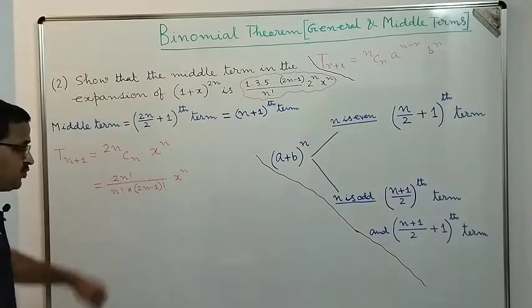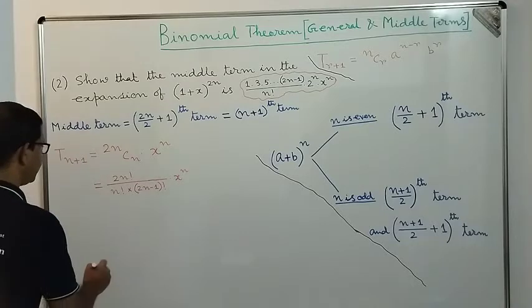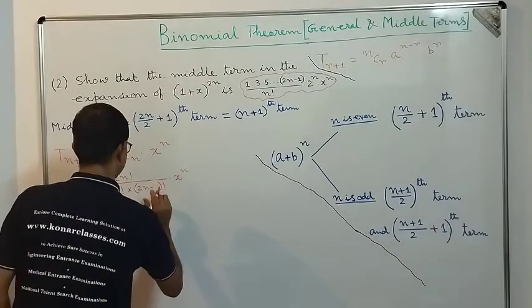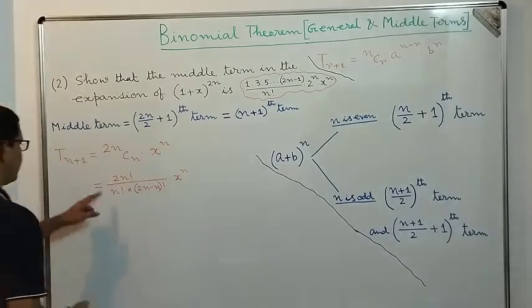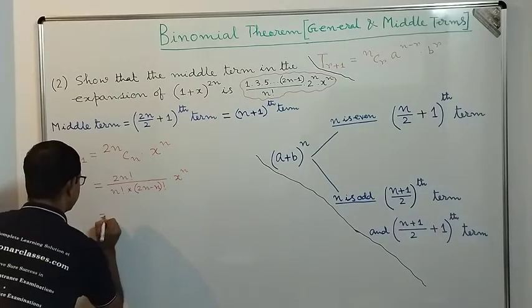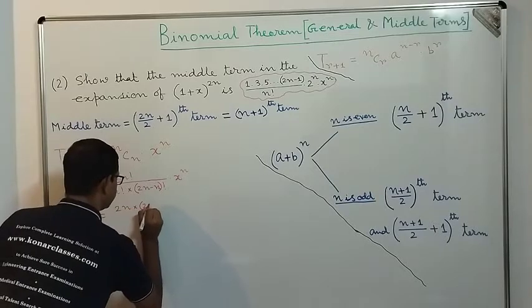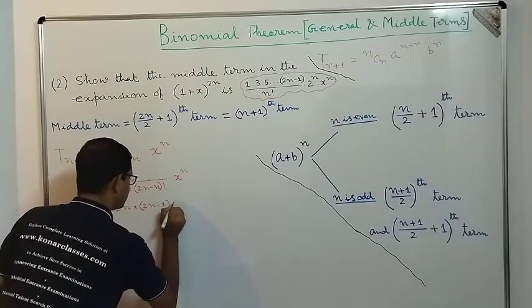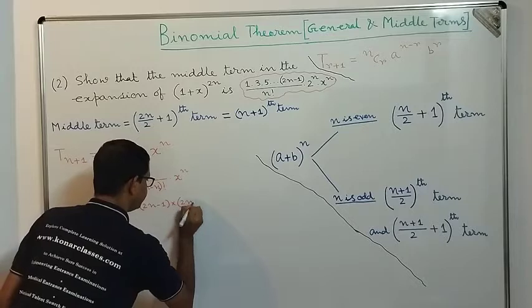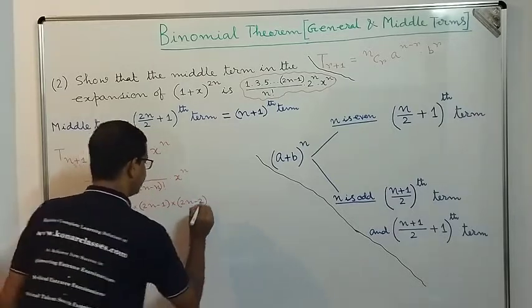Now let us expand 2n factorial. 2n factorial is equal to what we can write: 2n into (2n minus 1) into (2n minus 2) into (2n minus 3).